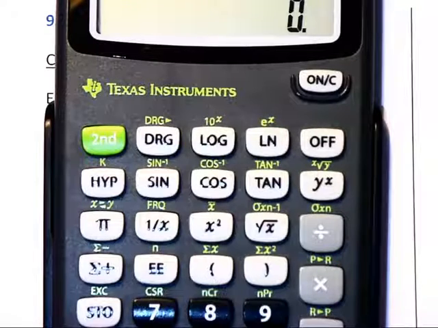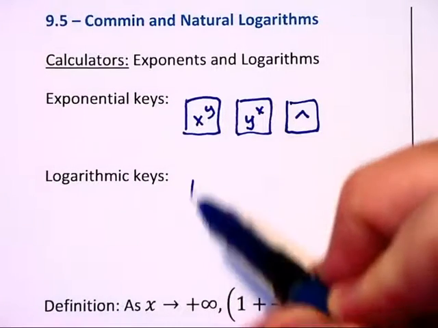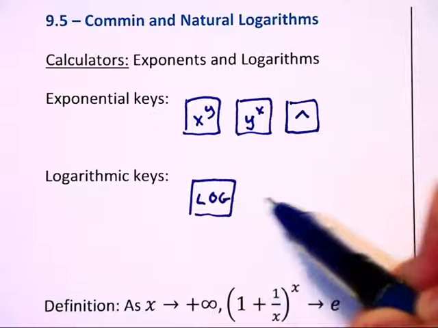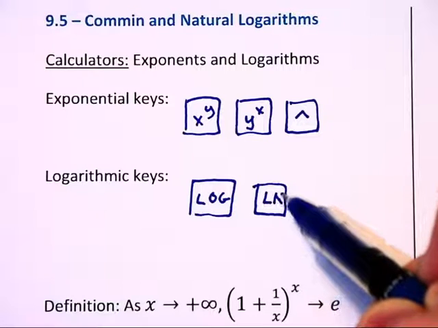Now also we have to pay attention to whether your calculator works in a forward direction or what I call a backwards direction. There are two logarithm keys. There is a key that actually says log on it, and there should be a key on your calculator that has an ln on it.